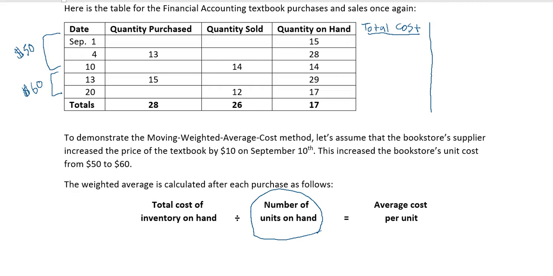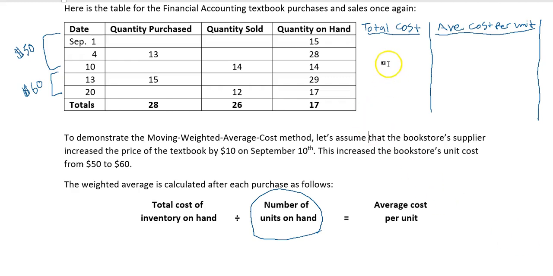And then I'll add a final column, which will be called average cost per unit. So we're going to go through the process of figuring out a couple of things.